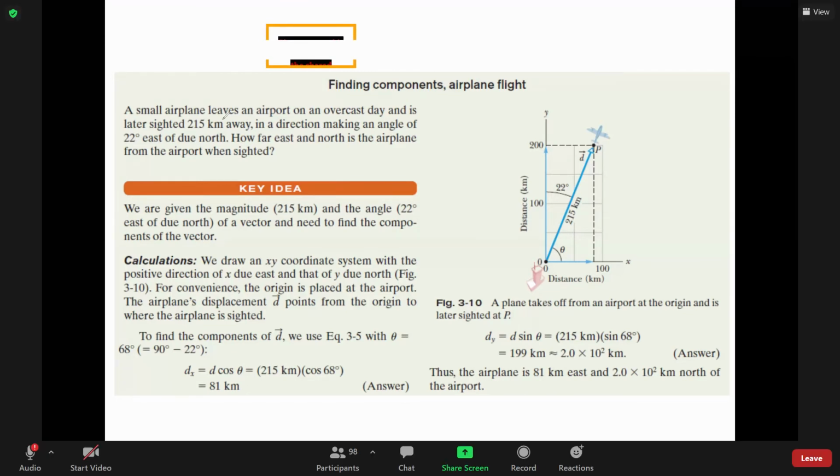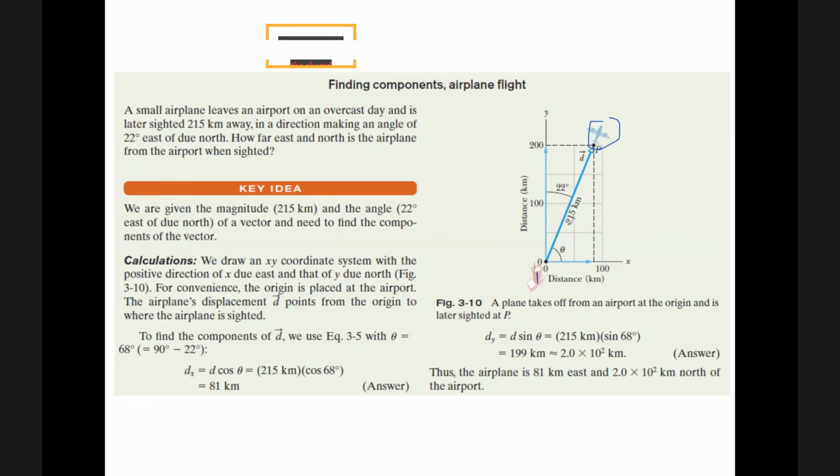A small airplane leaves an airport on an overcast day and is later sighted 215 kilometers away. So this is an airplane, and it leaves an airport, the tower of the airport, and sometime later it is located 215 away at an angle of 22 degrees relative to positive y, or 68 degrees relative to positive x.